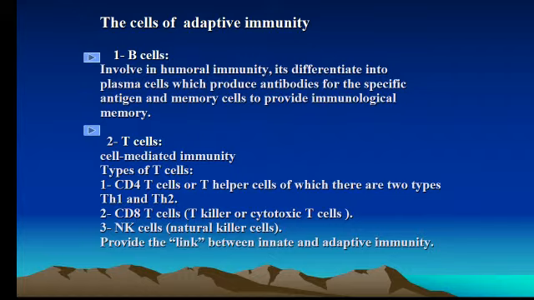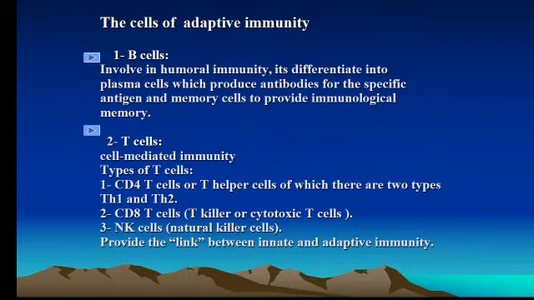B cells mediate protection of the body from extracellular microbes, within the humoral defense mechanism, while the other type, the cell-mediated defense mechanism, is about the T lymphocytes protecting the body from inside, from intracellular microbes.